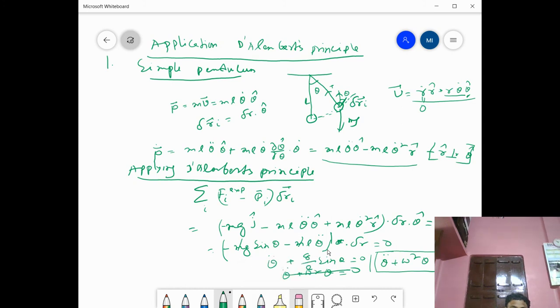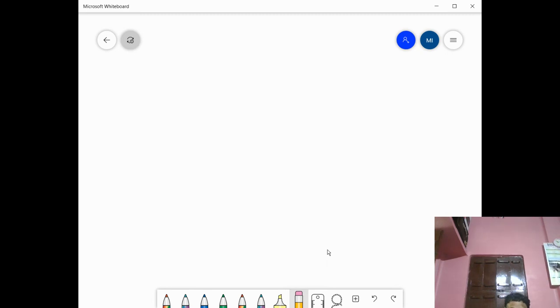And the second example that I can give is very simple. First example I have done. Example 2. I hope you can do it very well.